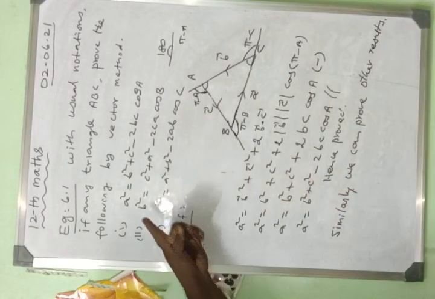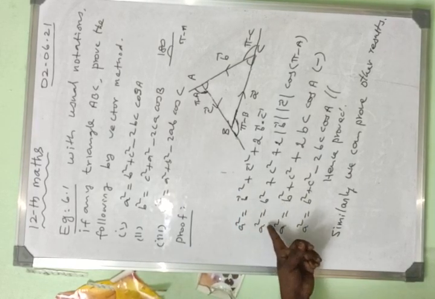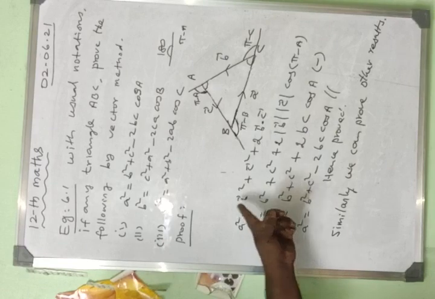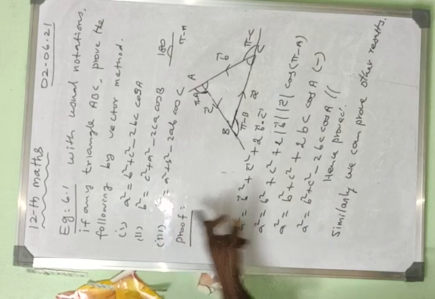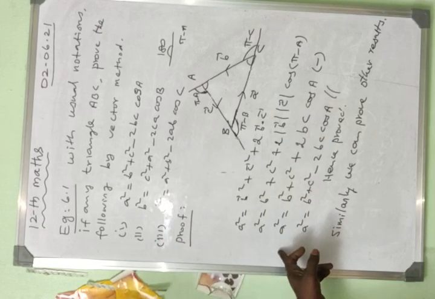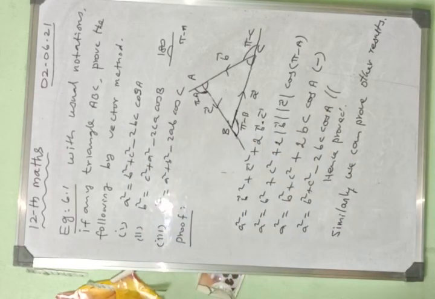Suppose we want the second result, here we take B square alone on the left side, and A, C change to the right side. That is the same proof only. Suppose we want the third result, the left side has C square only, and the remaining A, B change to the right side. Same like this.